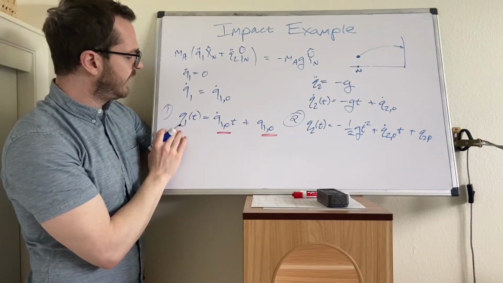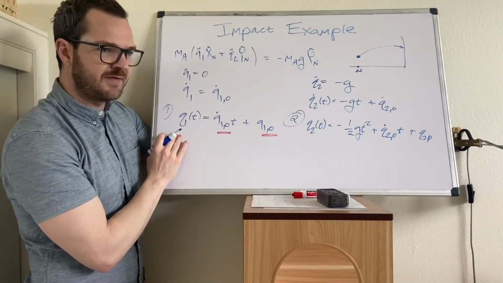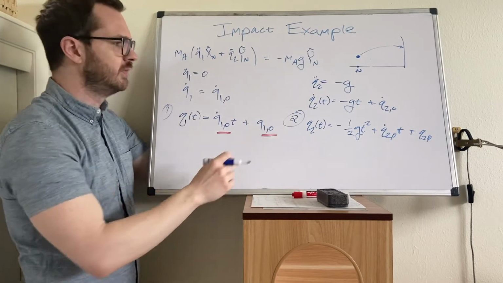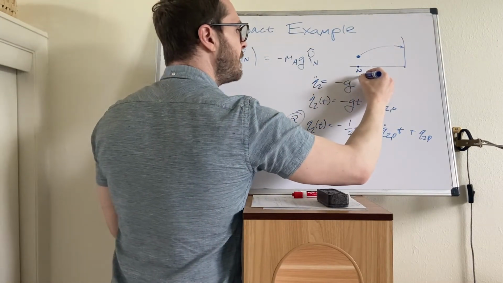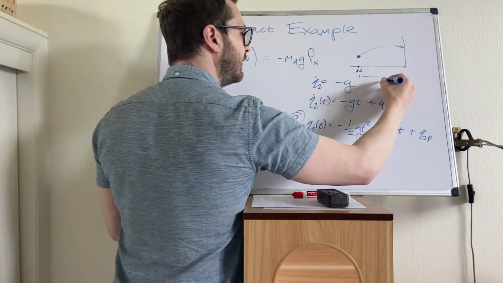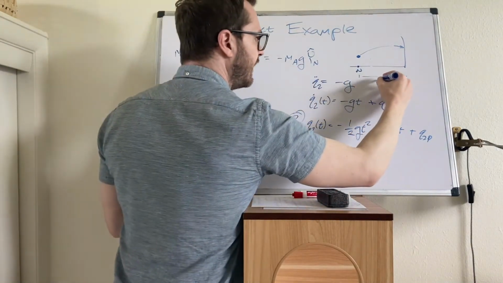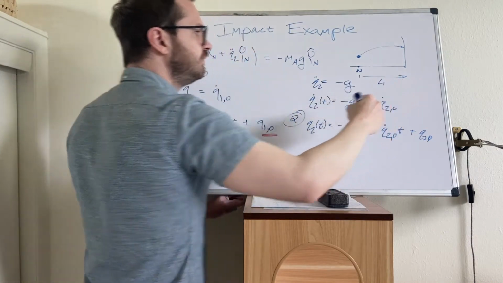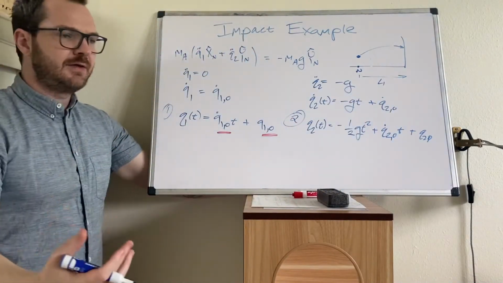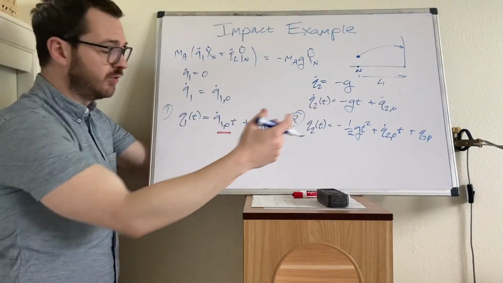We could say, all right, take equation 1 and set the left side equal to some value, right? Let's call this X, let's just call this L1. So it's the length or the distance to the wall.